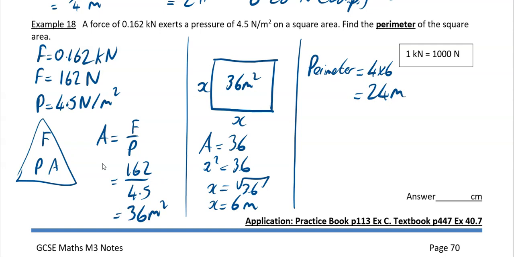And that is, oh, that's not our answer. Have a look at the question. They want the answer in centimeters. So we've got to convert that into centimeters. That's very unusual for them to do that. That's going to be 2,400 centimeters. So fill in 2,400 as your answer.